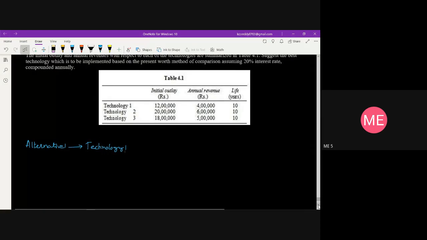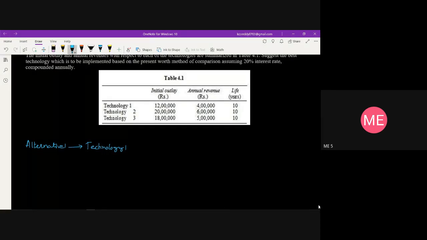The initial outlay for technology 1, which we take as P, is equal to rupees 12 lakhs, which is the initial expenditure.